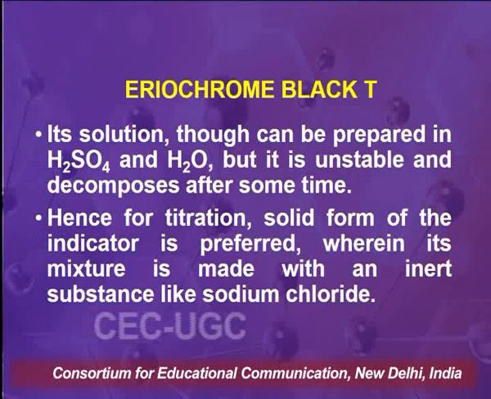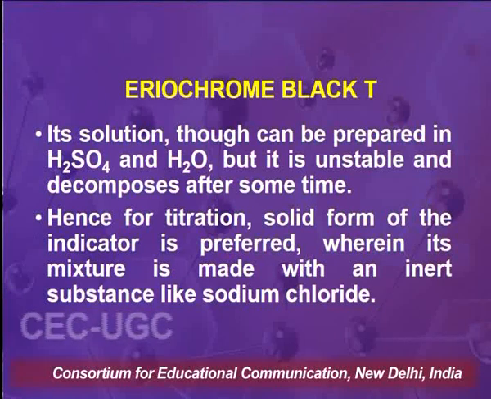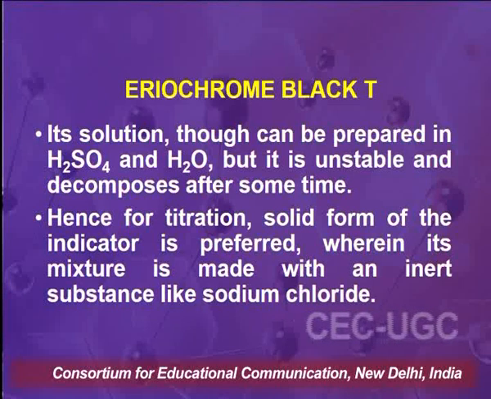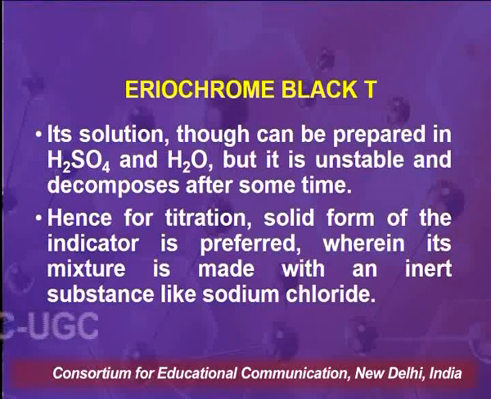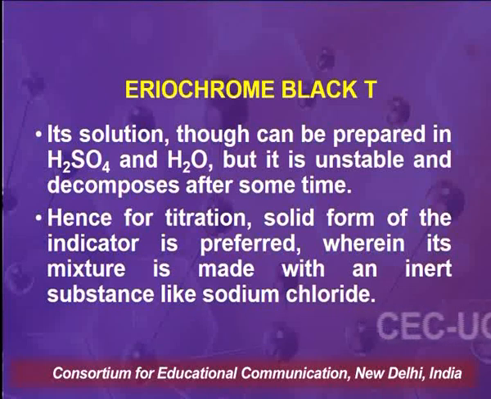This mixture is preferred because a very small amount of indicator will give a very dark color with the metal. So, as the indicator is added to the metal ion solution, the indicator gives a very dark color, and towards the end point the color change will not be clearly observable, because color changes are clearly observable only in light colored solutions.